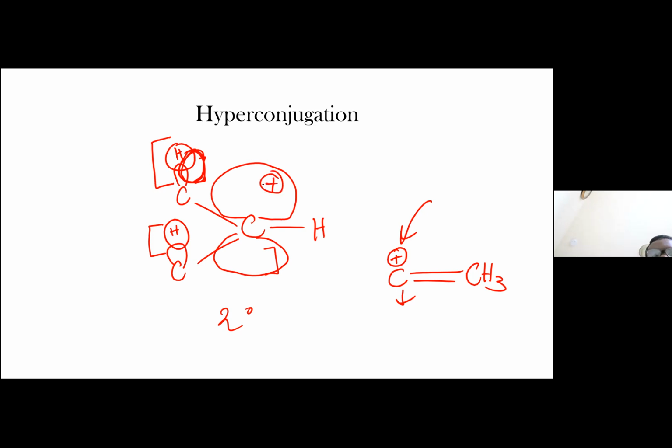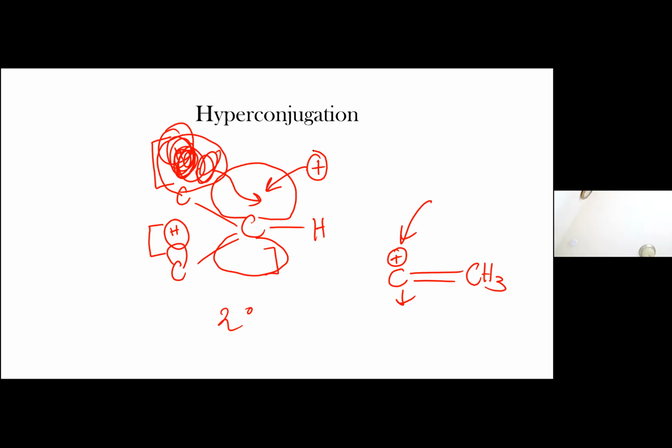When you're able to overlap here, you're allowing the electrons that rest between this carbon and this hydrogen to be kind of shared here. It's this idea of distributing electrons and adding them to a place where there was a positive charge. It's like having a waterfall, essentially: you have water going from a really high place to a place that's lower in energy.